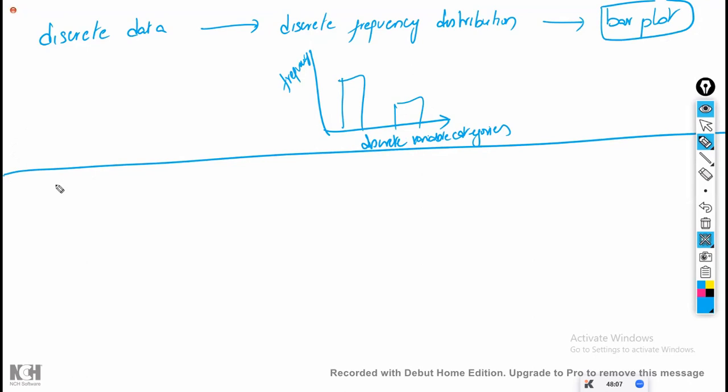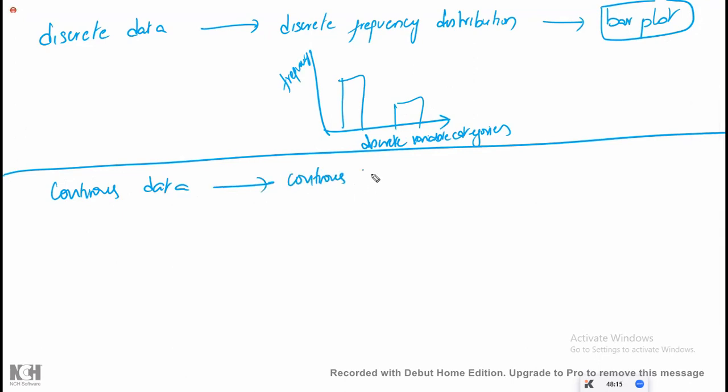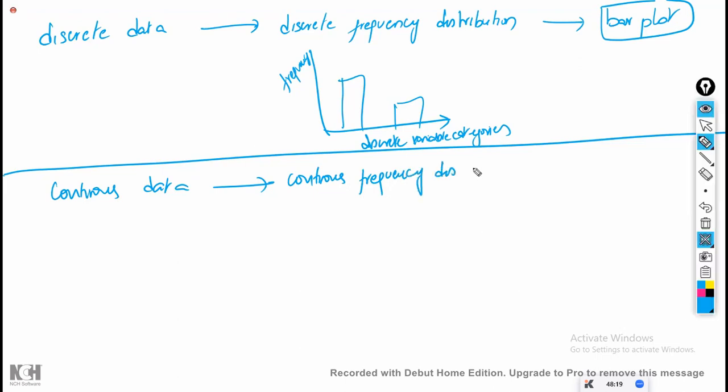Now, if you are going with the continuous variable, for continuous data, we are going to have continuous frequency distribution. On the x-axis, we are going to take the interval of values and their frequency.